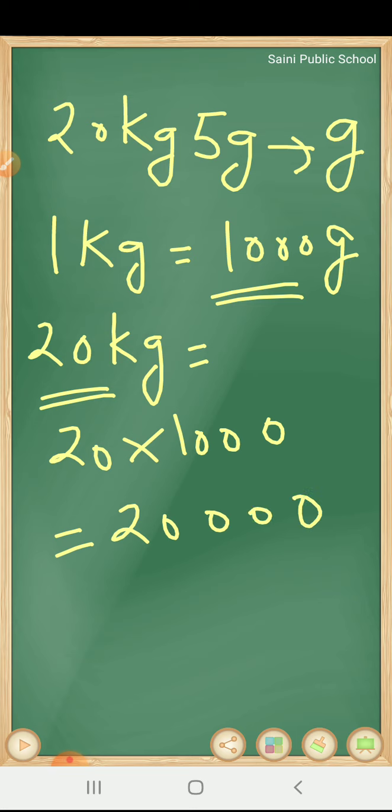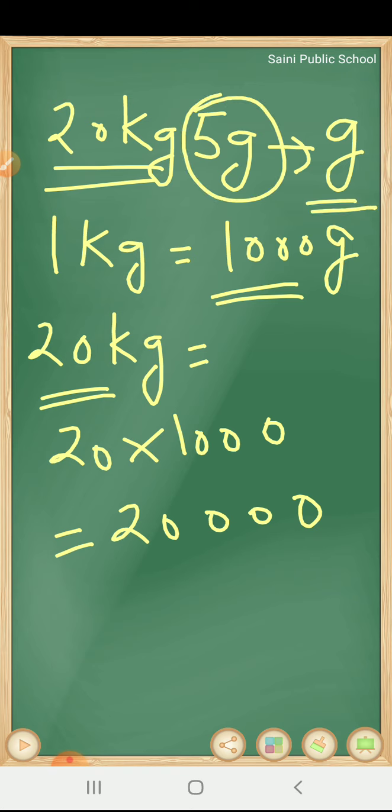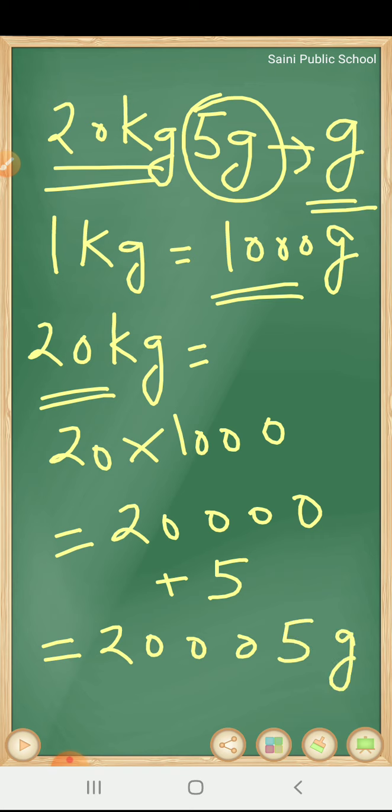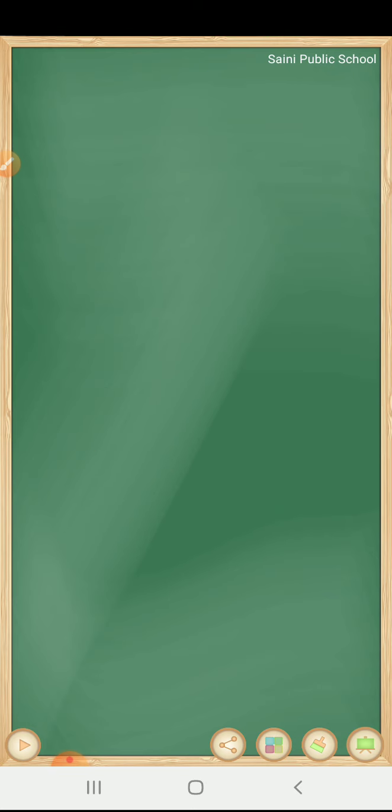We have converted 20 kilogram into gram, but we have 5 gram more. So we will add these 5 gram to 20,000. So our answer is 20,005 gram.